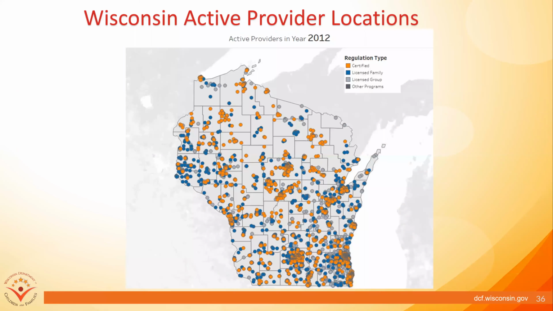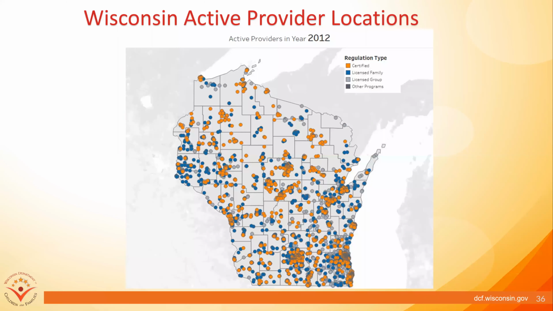This map of the state of Wisconsin shows the latitude and longitude point of each provider in Wisconsin. Referring to Erica's presentation, this is an example of a dot map. Each dot is colored by the regulation type of the provider. The orange colored dots represent our certified providers who can care for a small number of children, typically in their home. Wisconsin certified providers are sometimes referred to as license exempt or home-based care providers in other states.